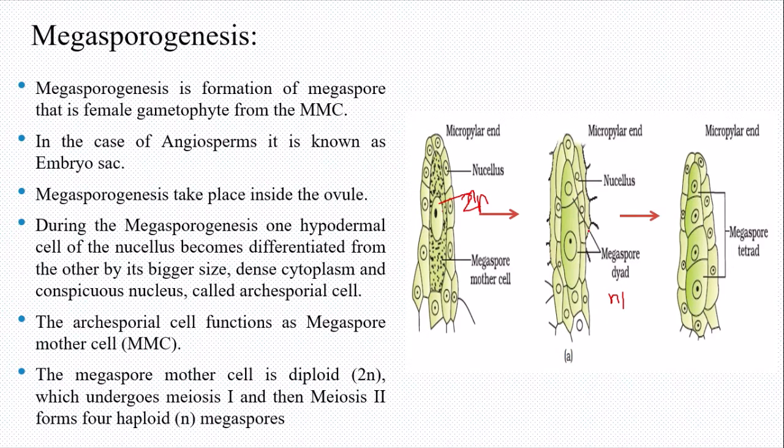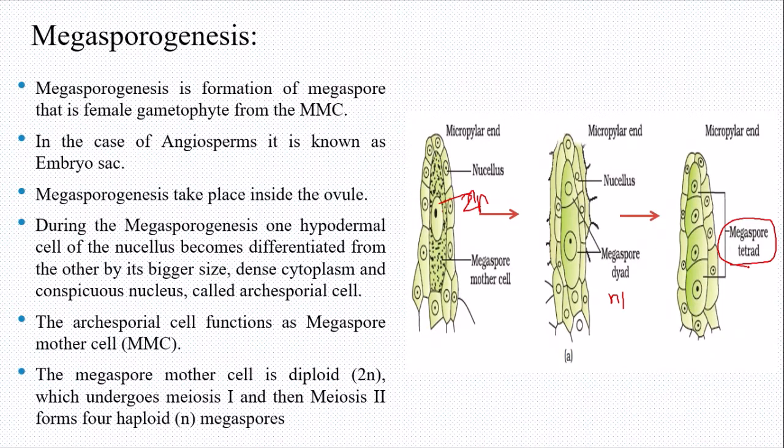Again, the cells of the dyad undergo meiosis II to give rise to four megaspores, and this condition is called the megaspore tetrad.